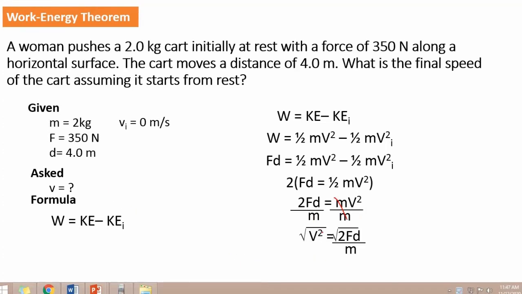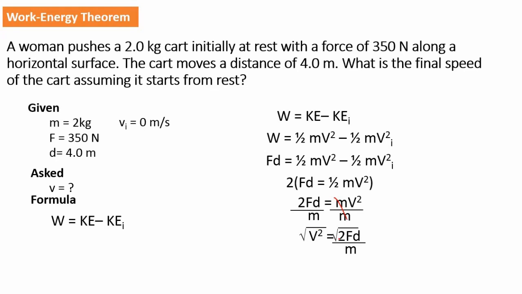What we have is that v squared is equal to 2fd over m. But how are we going to eliminate the squared here? By taking the square root of both sides. So what's left is the formula of the final velocity, which is equal to the square root of 2fd over m.